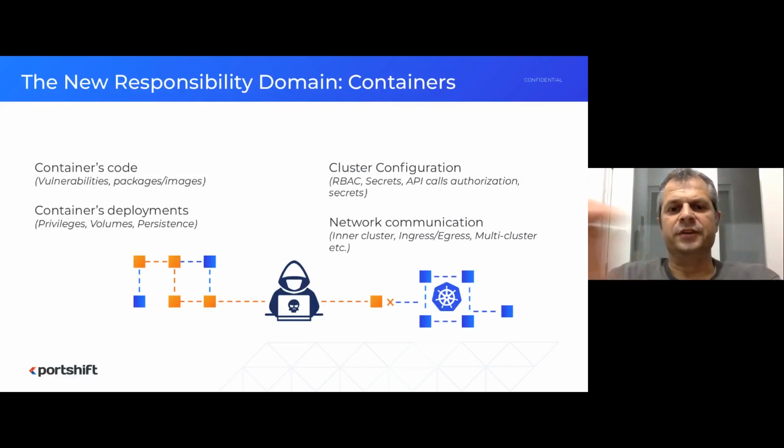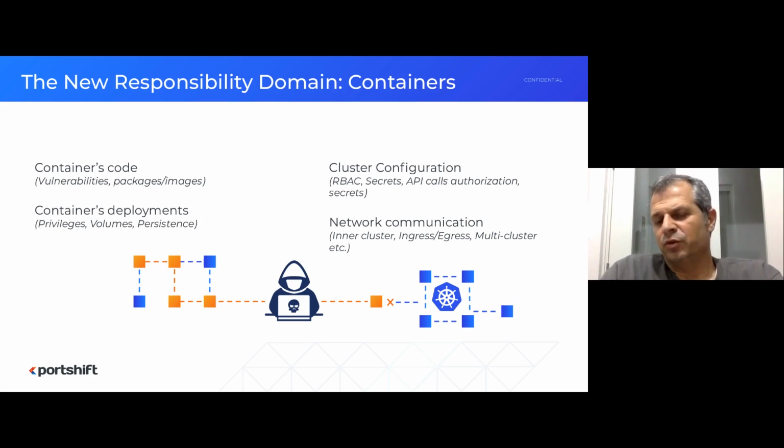So when we look at containers, as a primary example, maybe the primary environment, there is the prime suspect. We need to look at the code itself, right? The code can sometimes bring with it lots of vulnerabilities because we package multiple things, either in the packages themselves or in some dependency that we refer to in our code.